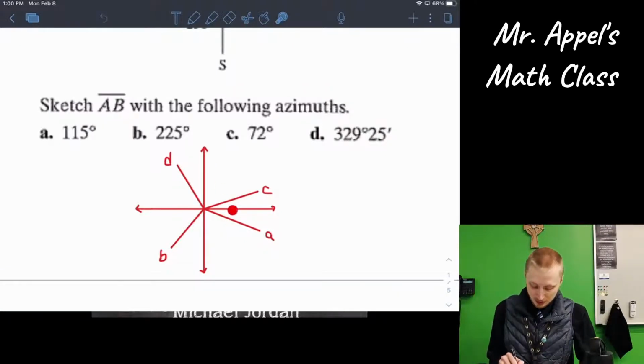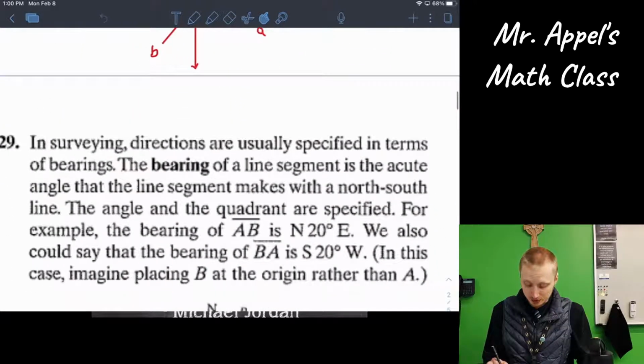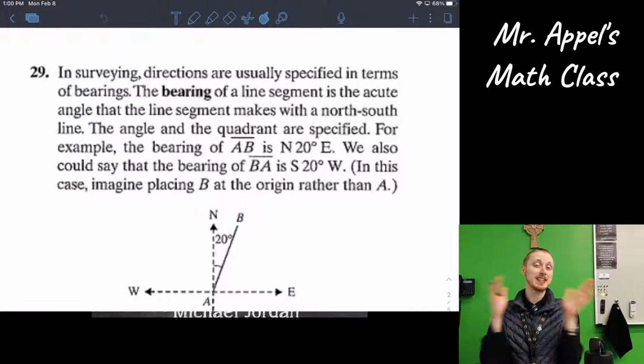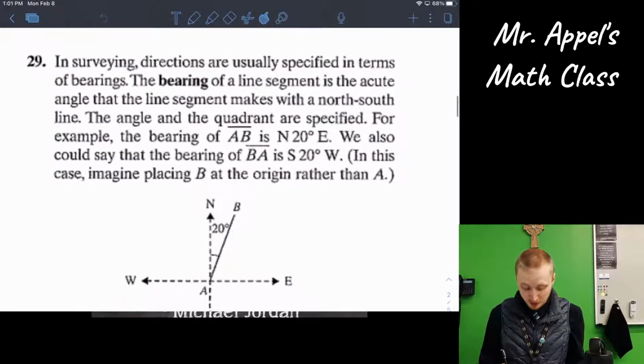So we have A lands here, B lands over here, C just there, and D all the way around to there is our angle. Okay. And then similarly, we have bearing. I did bring this one up in one of our examples. The bearing is very similar. It's a navigational tool. This one tends to be used more with ships and planes and such.